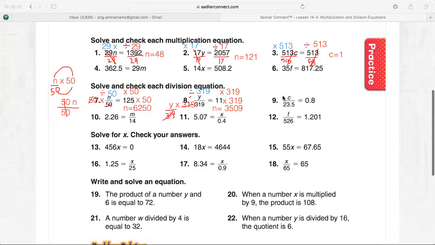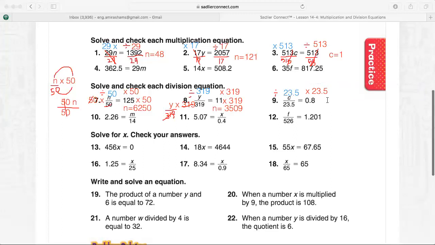Okay, we will write C over 23.5. Divide. Okay, 23.5, and the inverse is multiplying by 23.5. Yes, this is the inverse of the operation. So what am I going to do here?